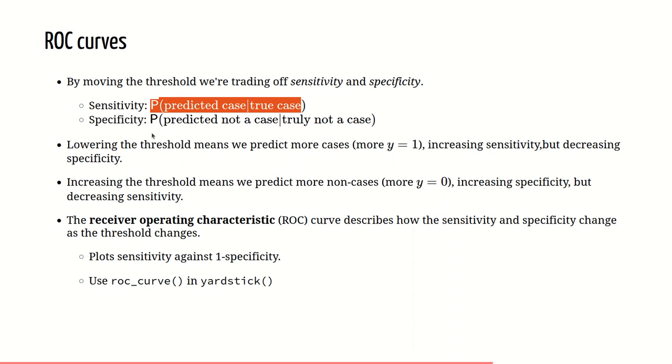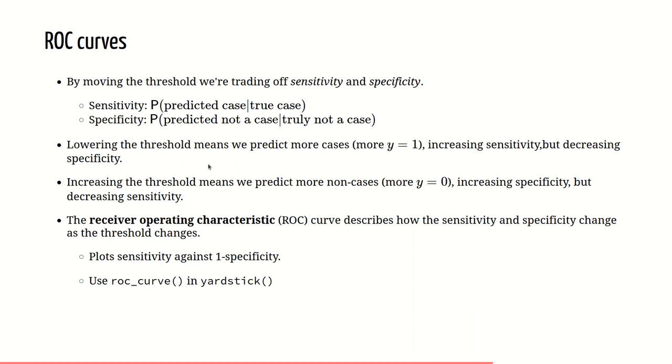Increasing the threshold is then increasing your specificity. So increasing the threshold would be predicting more non-cases, and so out of the true non-cases, you'll be predicting more of them, so you'll be getting higher specificity and lower sensitivity. So you're always trading these two things off by altering that threshold.